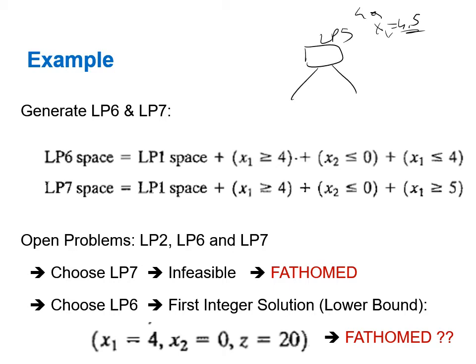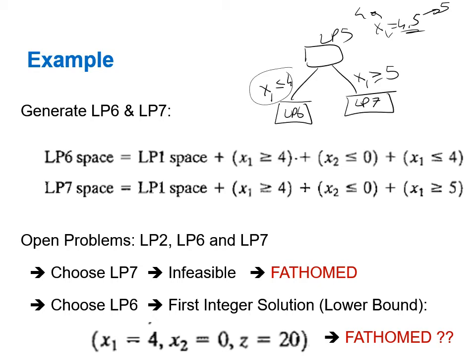So the smaller integer is 4, the larger integer is 5. I need to add that x1 is less than or equal to 4, and on the right-hand side I need to add x1 is greater than or equal to 5. When I add this one, I call this LP6 and the other one LP7.